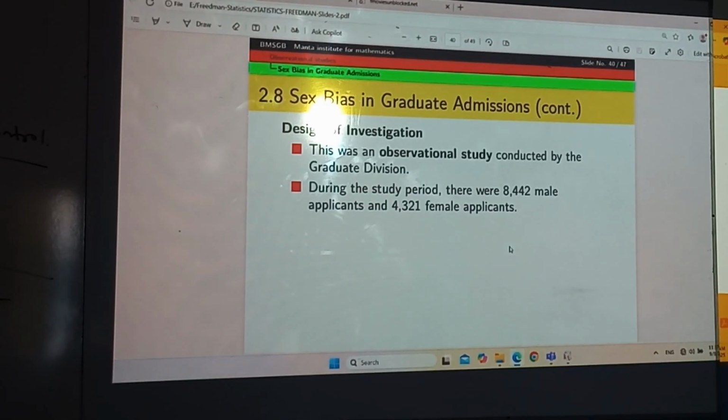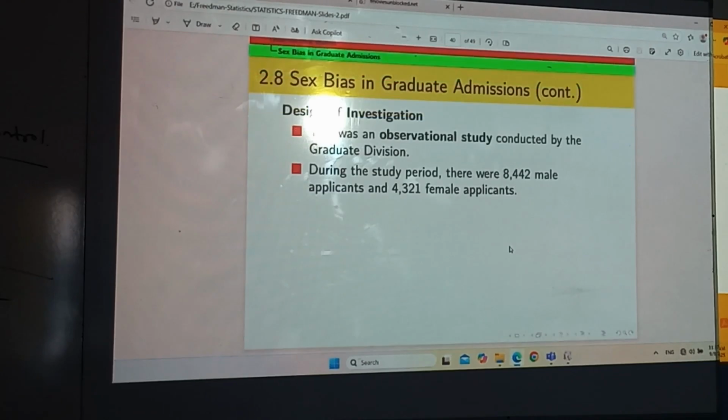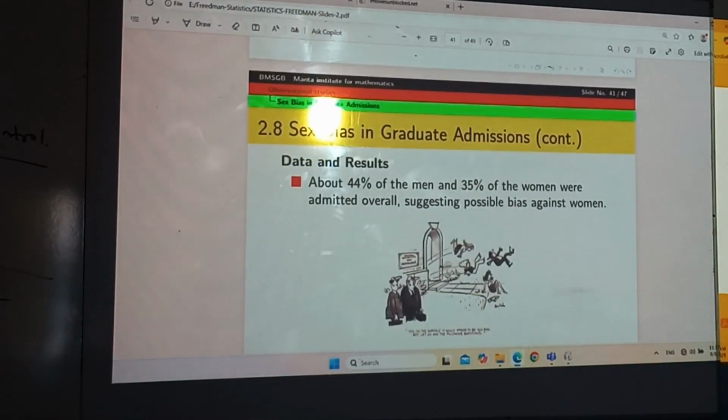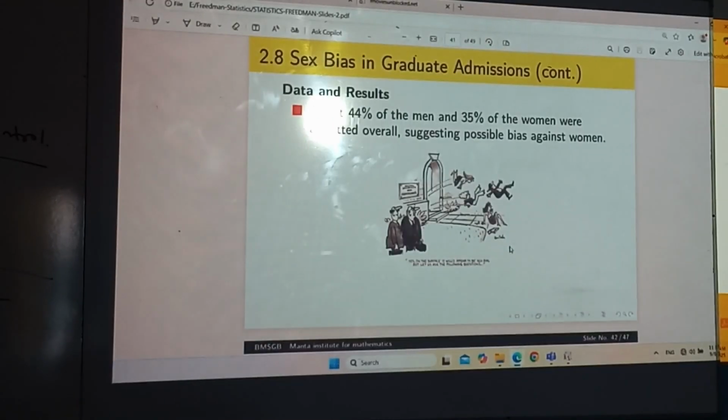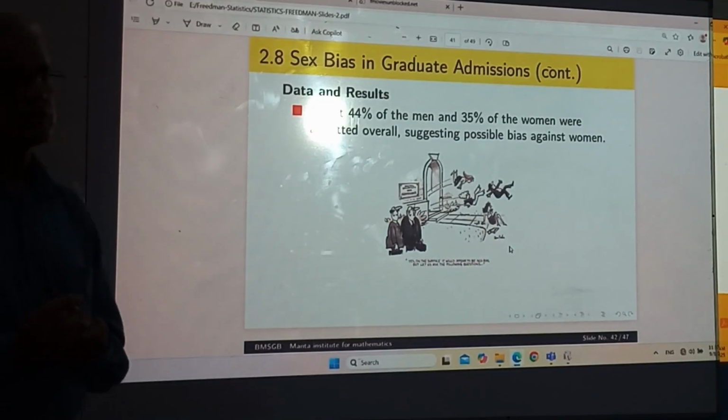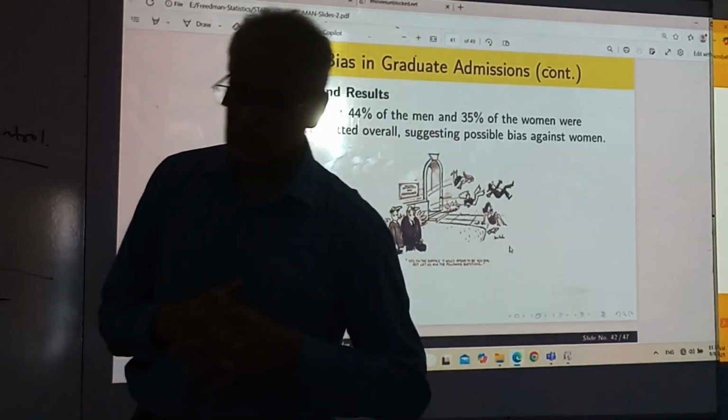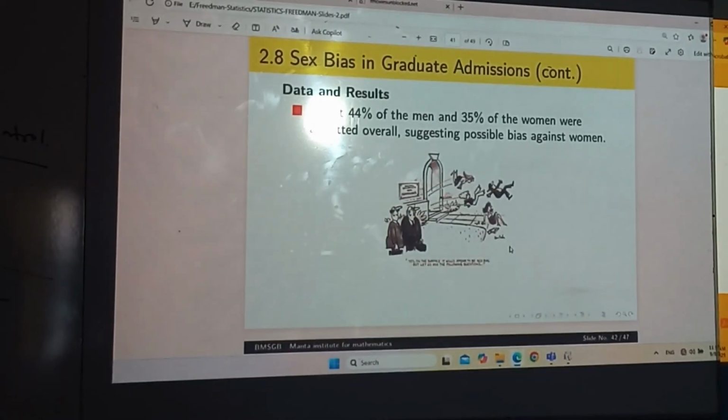In all departments, there were 8,442 male applicants and 4,321 female applicants. Out of all the males, 44% had been selected. Out of all the female students, only 35% had been selected by the different departments. Altogether, this was the data. So there's a clear, large gap between the two percentages.